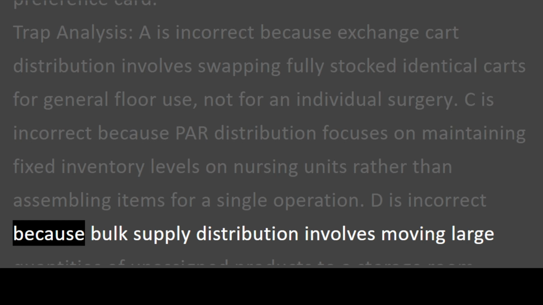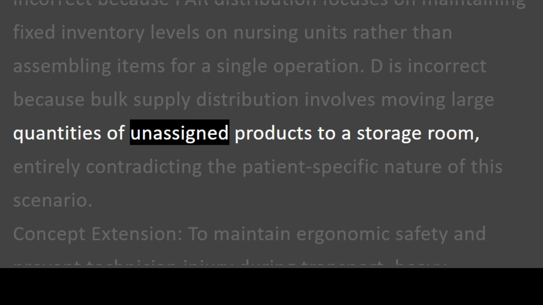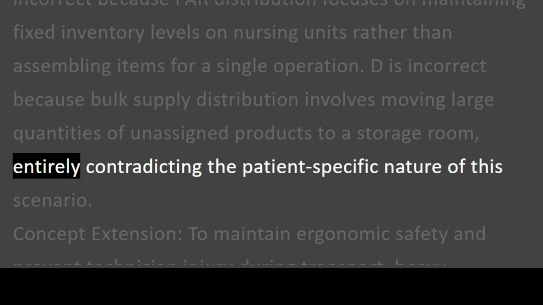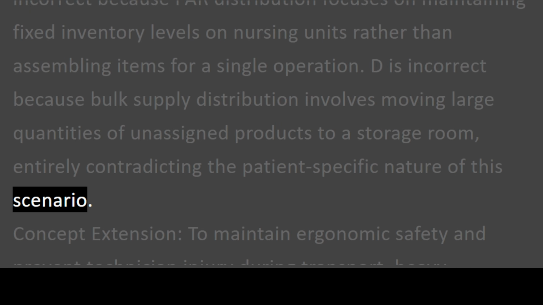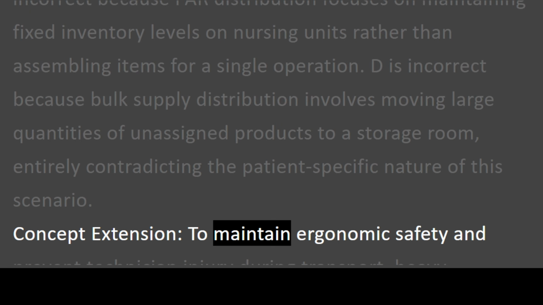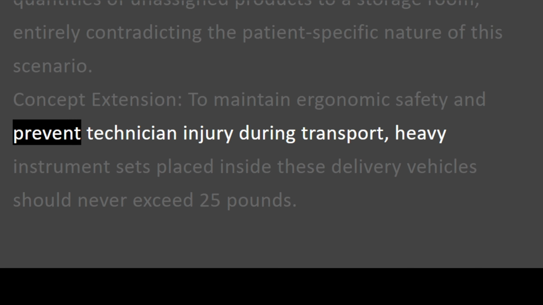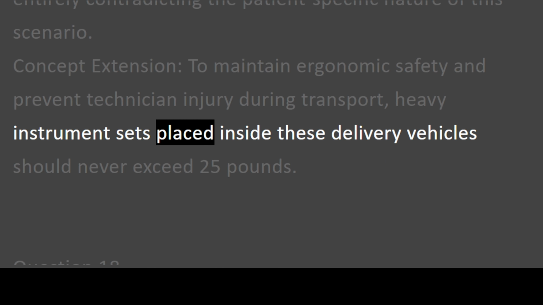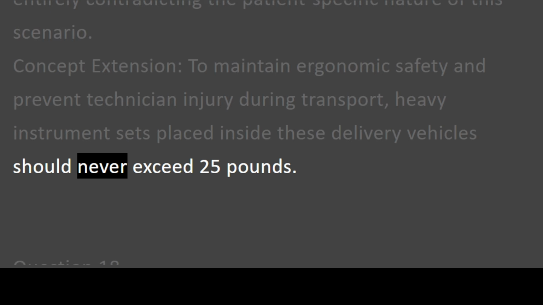D is incorrect because bulk supply distribution involves moving large quantities of unassigned products to a storage room, entirely contradicting the patient-specific nature of this scenario. Concept extension. To maintain ergonomic safety and prevent technician injury during transport, heavy instrument sets placed inside these delivery vehicles should never exceed 25 pounds.